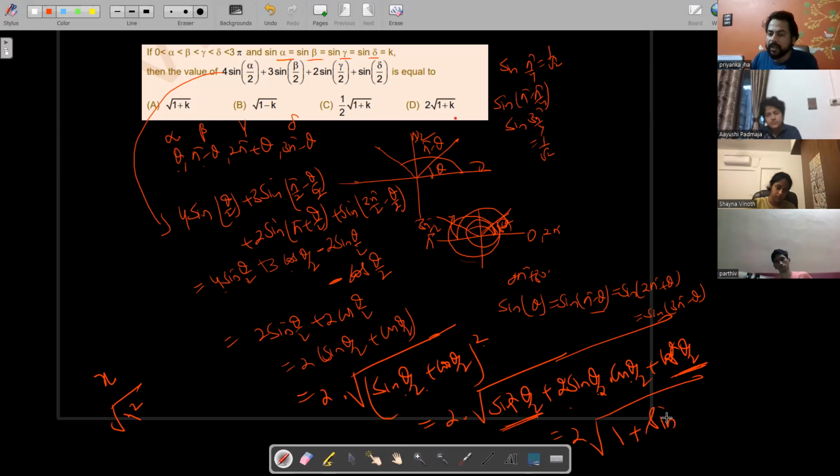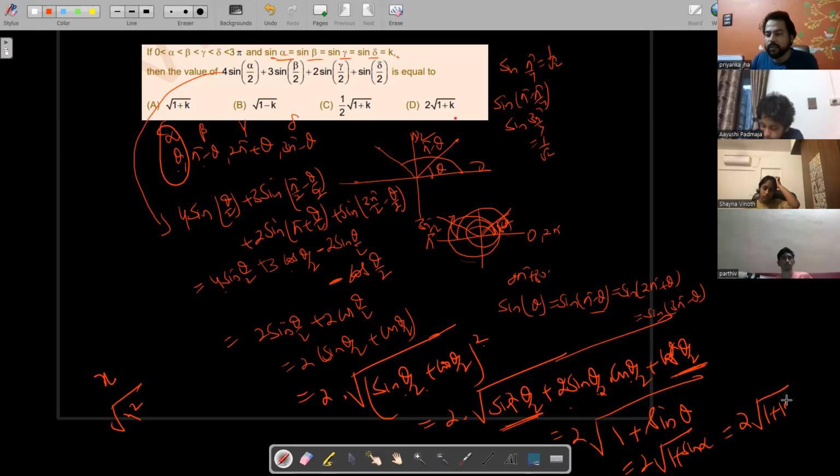This will give you sine 2 into theta by 2, that is sine theta, and your theta is alpha, so sine alpha is k. So sine theta is k. So this is 2 into under root 1 plus k, putting theta equal to alpha, and we have sine alpha as k. That is answer D. This was a good question.